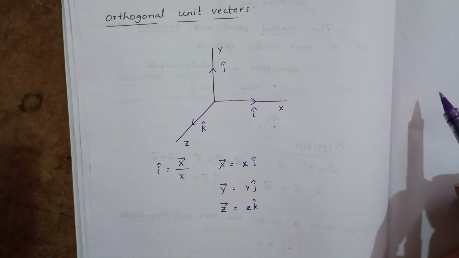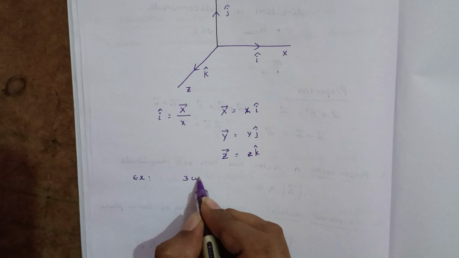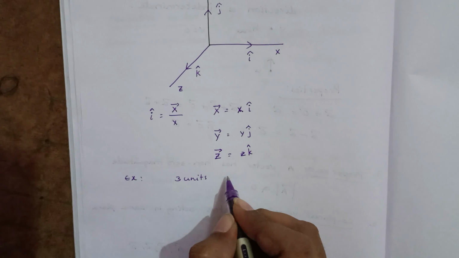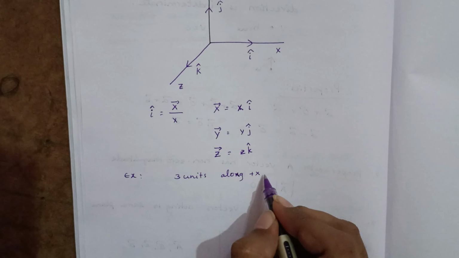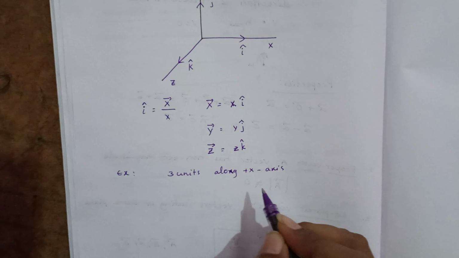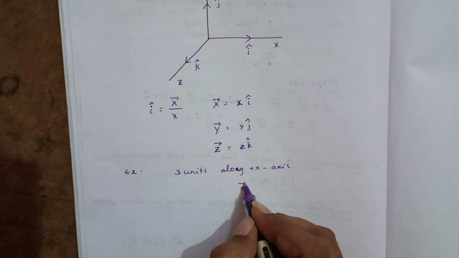Okay. Now, for example, if a vector has magnitude 3 units along the positive x-axis, it can be written as 3i cap.